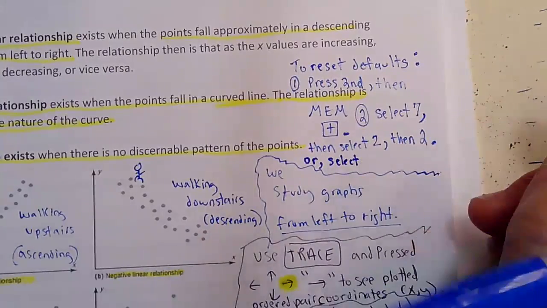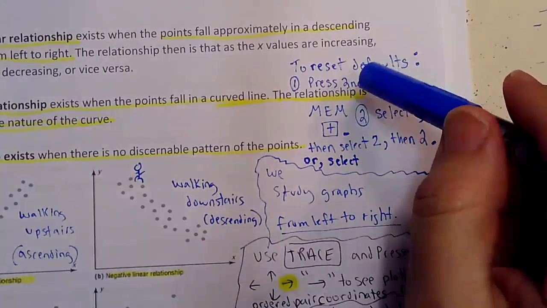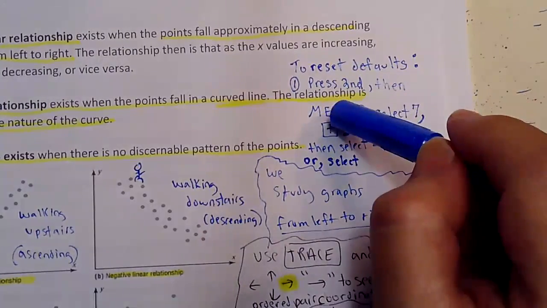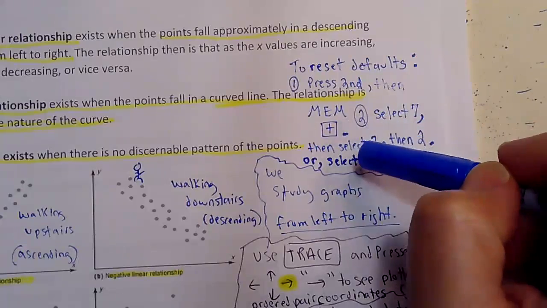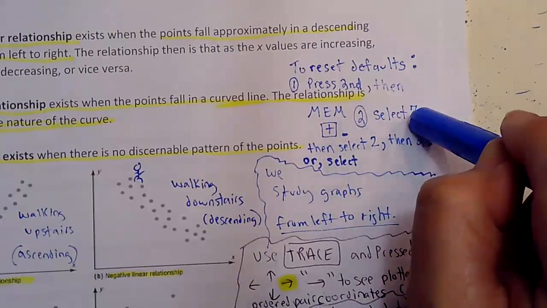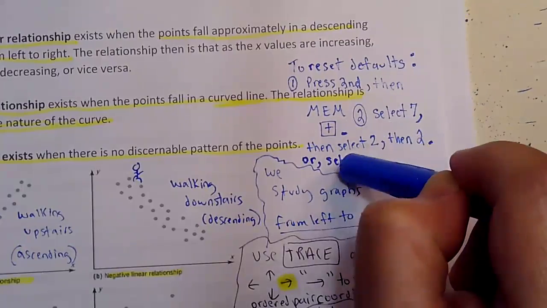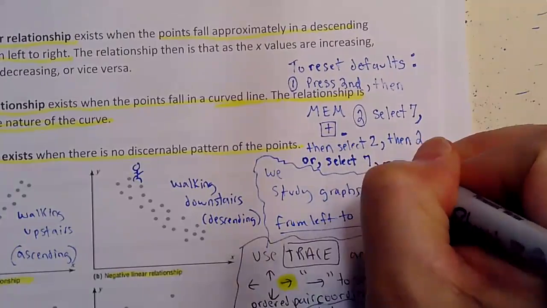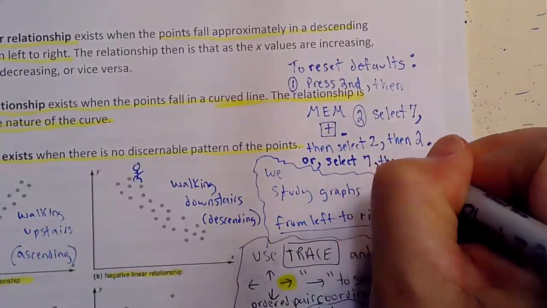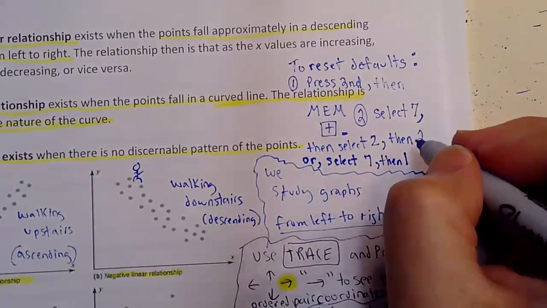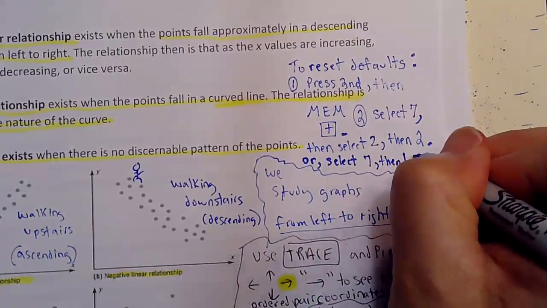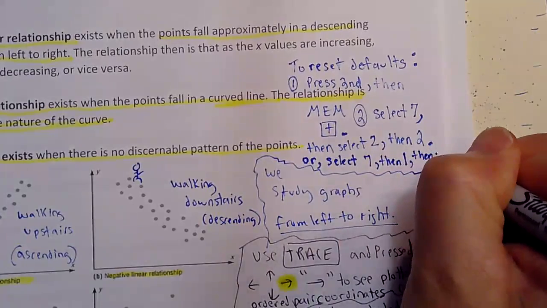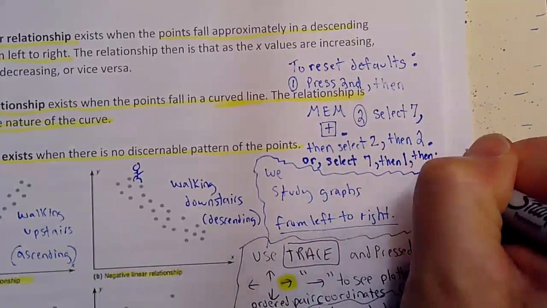You would start with pressing the second button, then the memory, but then instead of selecting 722, you would select 7, and then there is the option of a 1, and then the option of a 2.